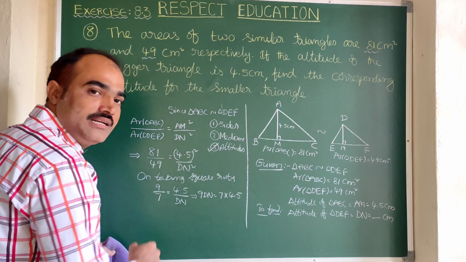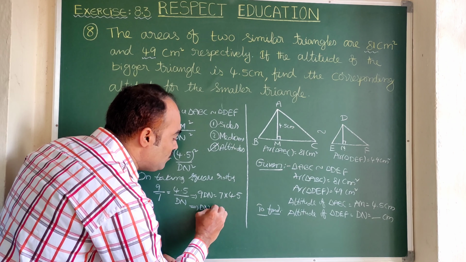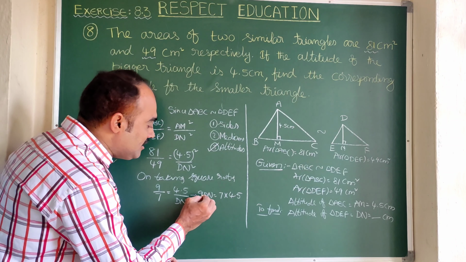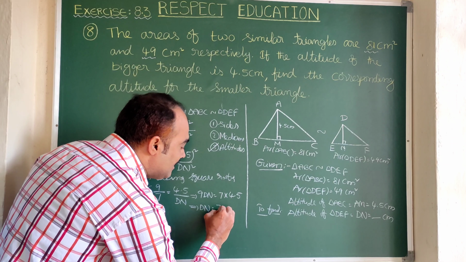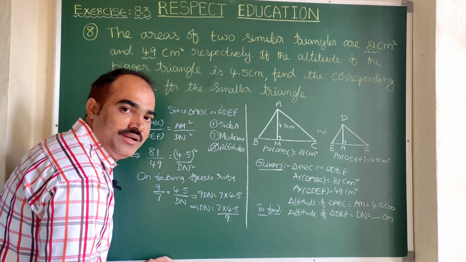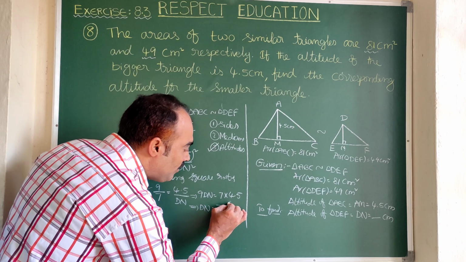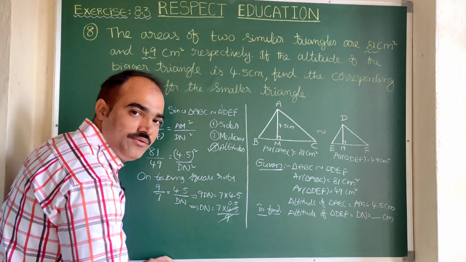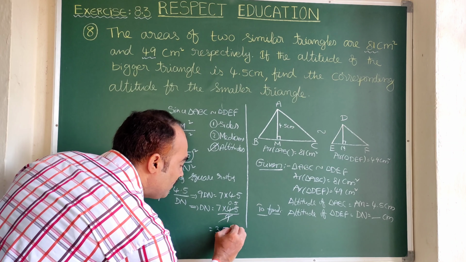As we need DN, let us send 9 to the right hand side. Here it is multiplication, and when it goes to that side it becomes division. So 7 into 4.5 by 9. On cancellation, 9 times 0.5 is 4.5, so 7 into 0.5 is 3.5.